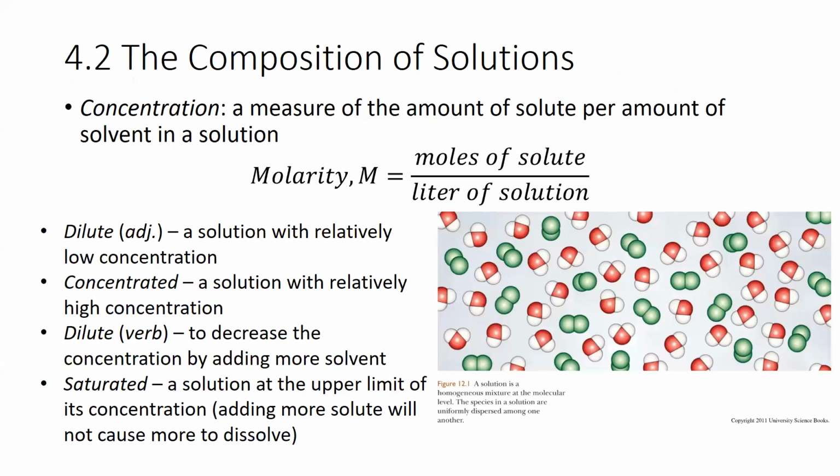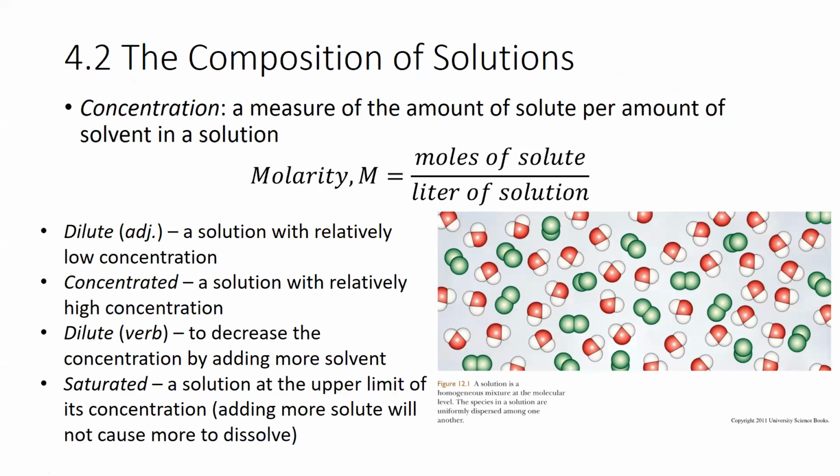Okay, then the other thing we did, we talked about composition of solutions. When we have a chemical solution, this homogeneous mixture, understanding the amount of solute per amount of solvent is really important for understanding how much stuff we can make in a chemical reaction.